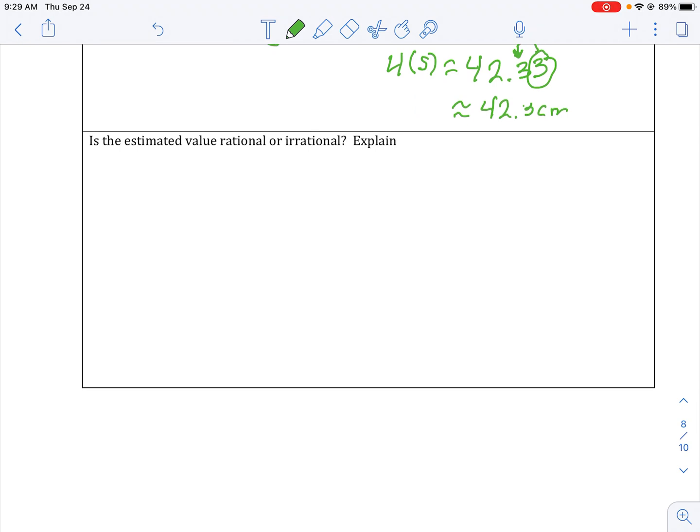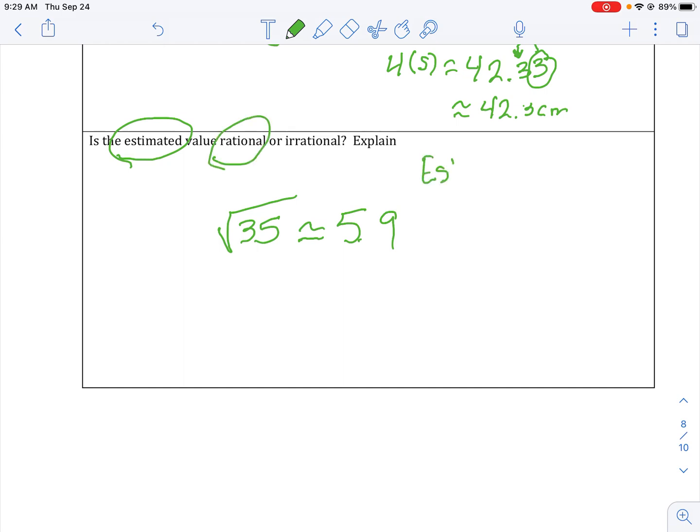Is an estimated value rational or irrational? Estimate means to round. So when we say estimate the square root of 35, if you were to substitute the square root of 35 into your calculator, so estimate to the nearest tenth, you get 5.9. That is a terminating decimal. Terminating decimals are rational.